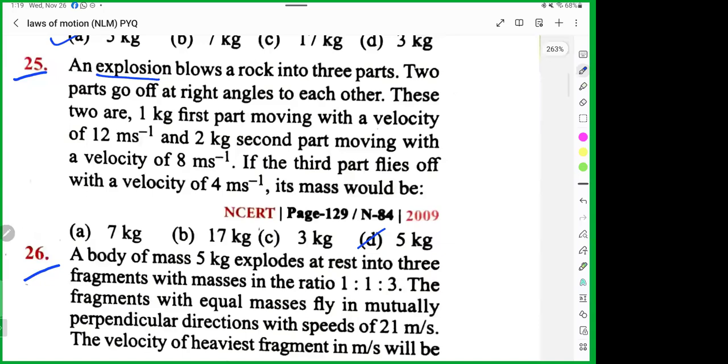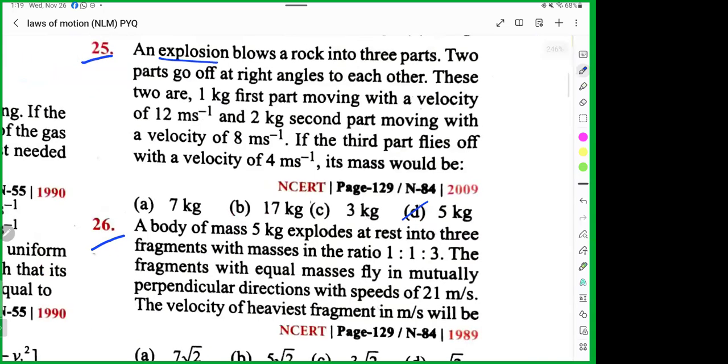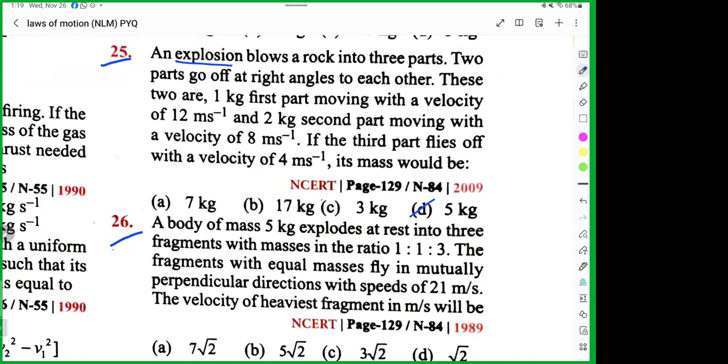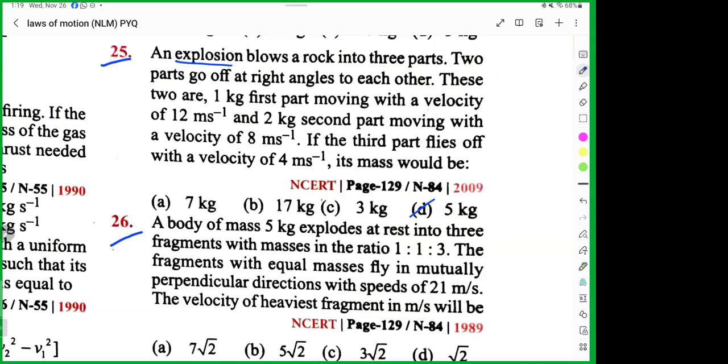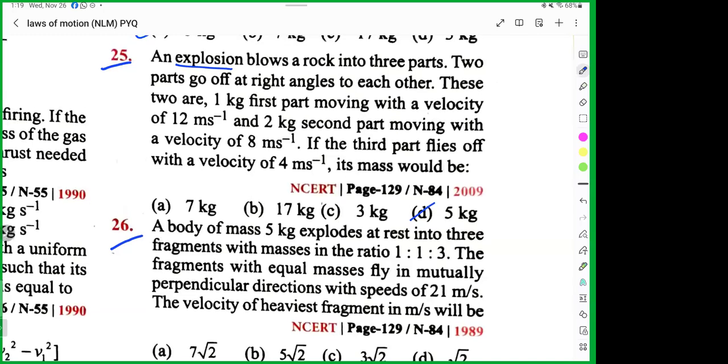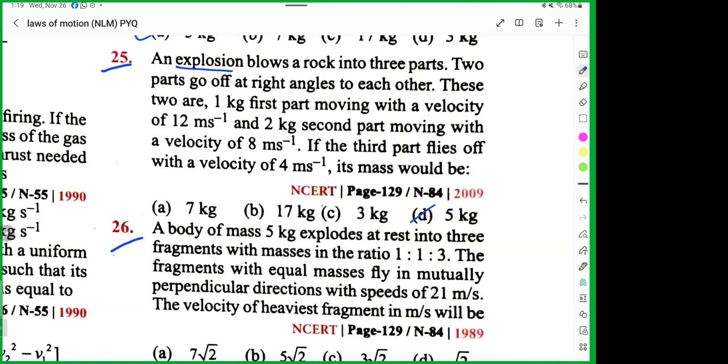What is mass? Radhika is there. Yes, sir. हाँ Radhika. हो गया सॉल्व क्वेश्चन? What is your answer? Sir, 5 kg है. 5 kg and 26 ton. हाँ sir.